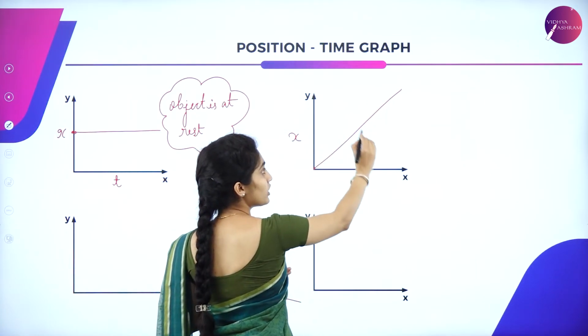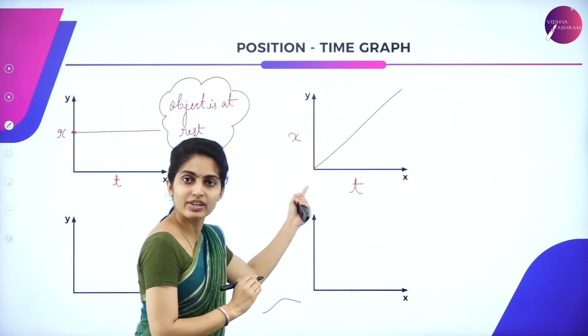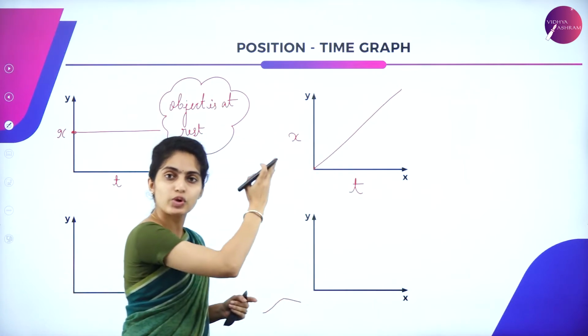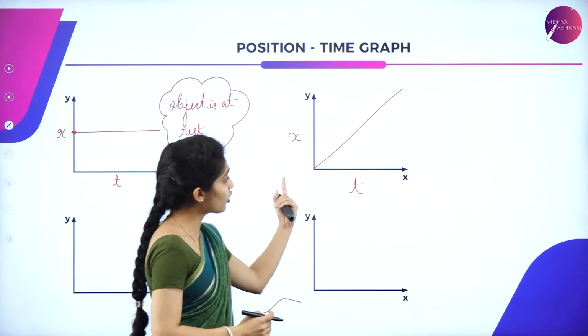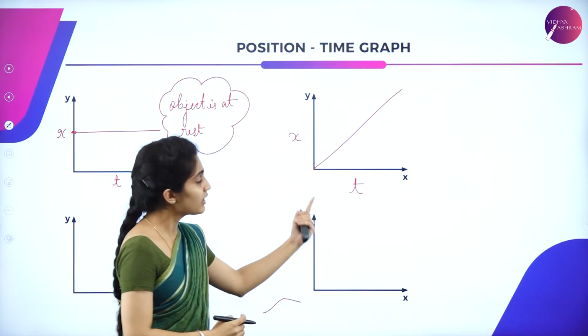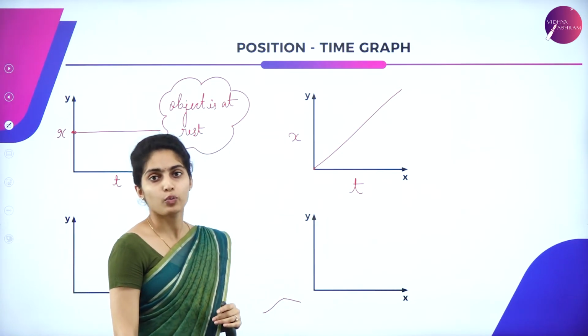It doesn't give you a curvy line or a crooked line. It doesn't give you a wavy line as well. It is giving a straight line. So what does this straight line suggest? A straight line which is inclined on the x-axis, that is the time axis, means the object is moving with uniform velocity.